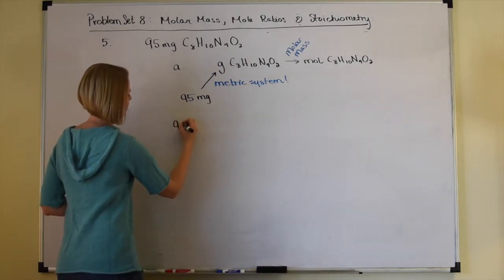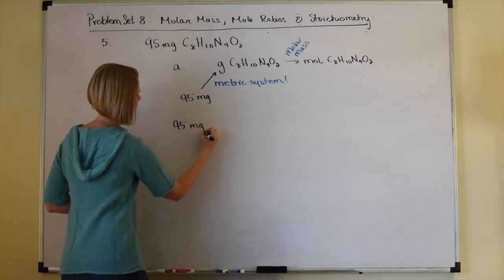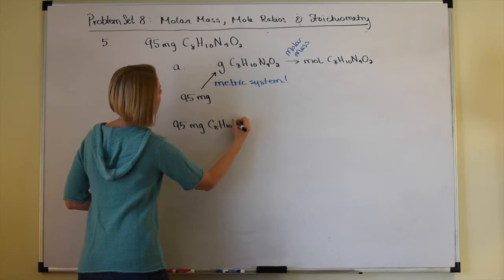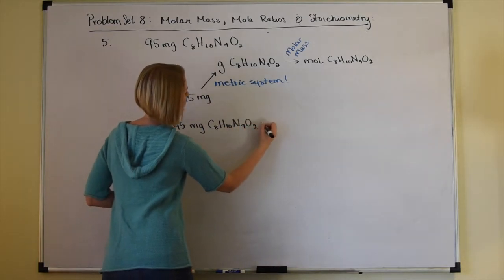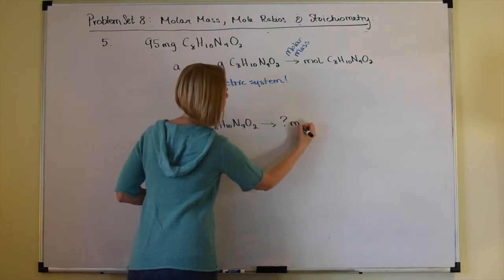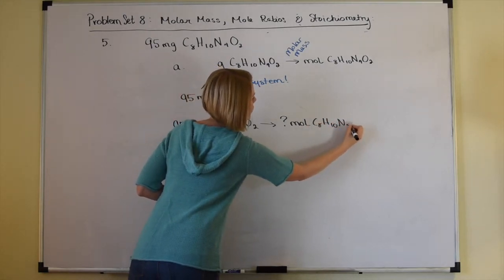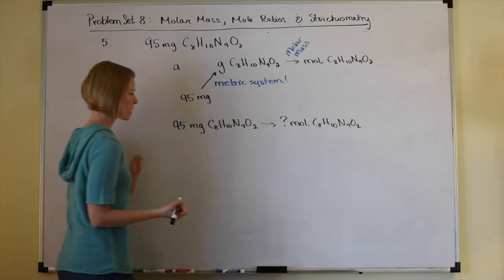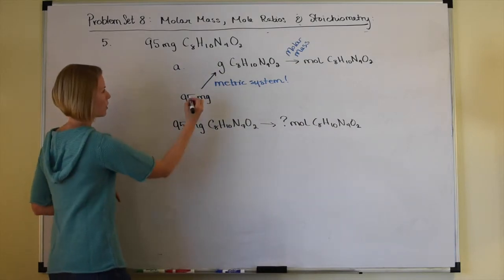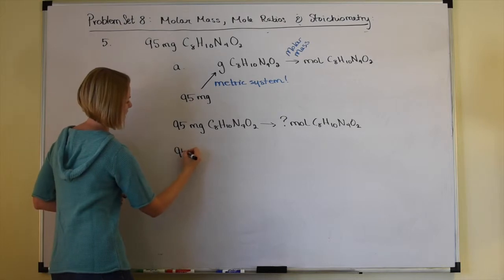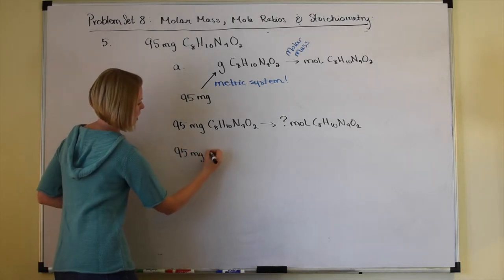So I'm just going to write an overview of what we're doing. We're taking 95 milligrams of C8H10N4O2, and we're trying to figure out how many moles of C8H10N4O2 of caffeine. Okay, so that's what we're trying to figure out. And we already said we're going to do it in these 2 steps. So take your 95 milligrams of caffeine.